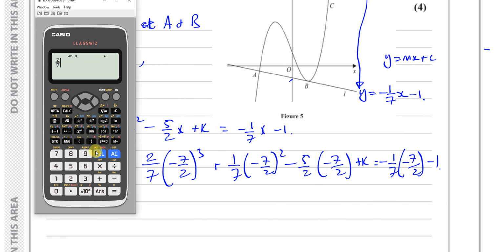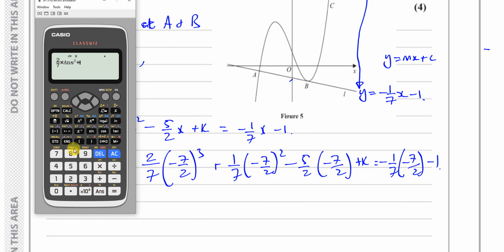Times, well, I can just press recall, answer cubed. Times answer cubed. Okay.